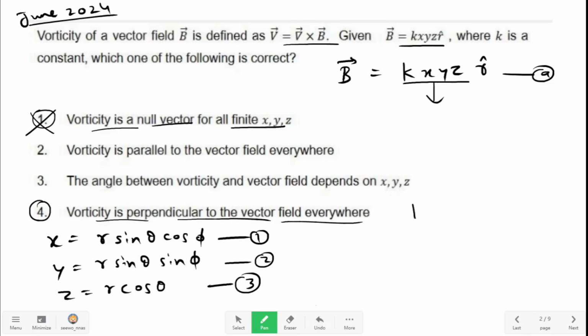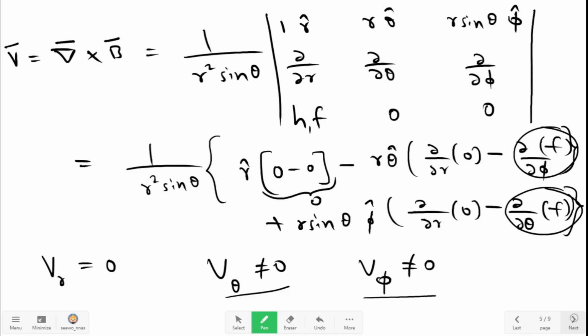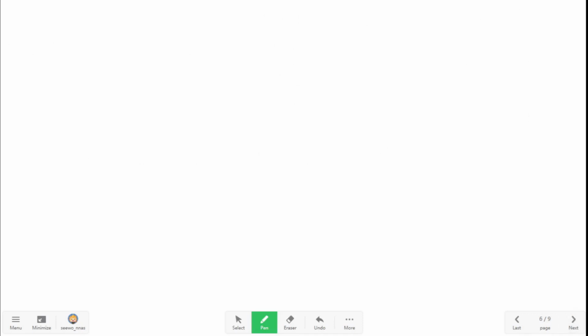Now we know that if vector A dotted with vector B is equal to 0, then this implies A is perpendicular to B. So let's see if V dot B is equal to 0 or not. If V dot B is equal to 0, then V and B are perpendicular. Vorticity is perpendicular to B.